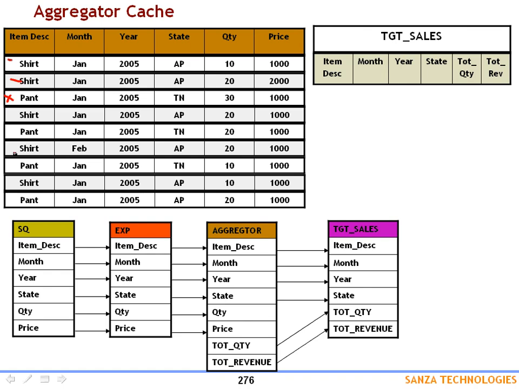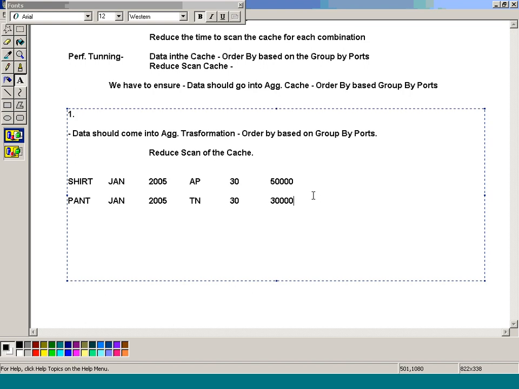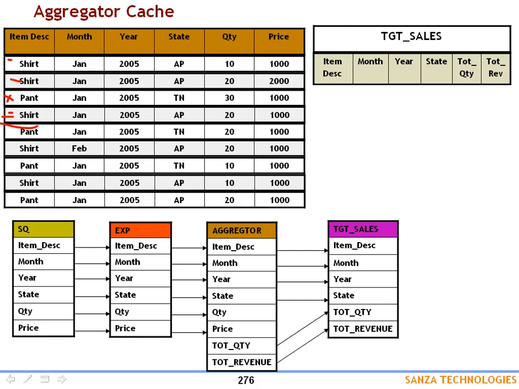Then, because sorted input is enabled and there is a change in the combination, it will stop the scanning. Then it marks shared January 2005 AP, then PANT January. So it will stop the scan here itself for this combination and sends the output as shared January 2005 AP, 20 and 20,000.